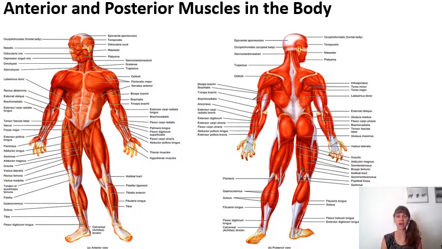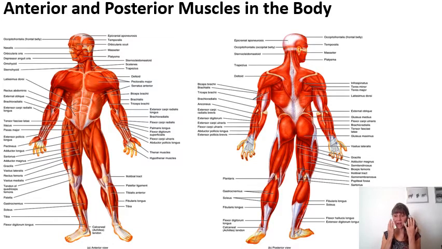This is a picture of anterior and posterior muscles of the body. The pictures that you see here are showing superficial layers of muscles. As we move forward in this slide presentation, you may see a picture where one side of the body being presented looks different than the other side.